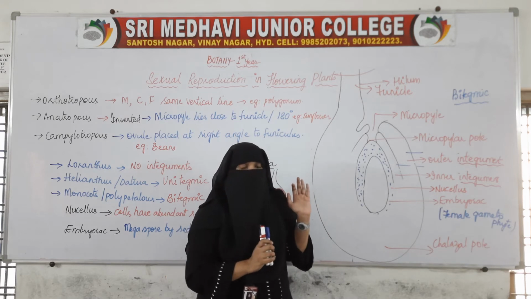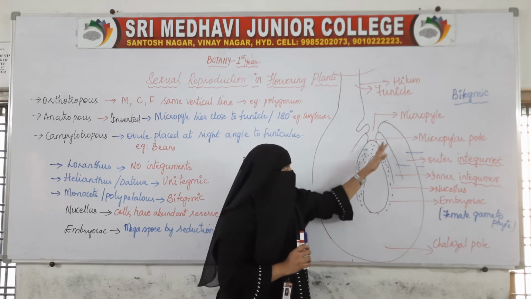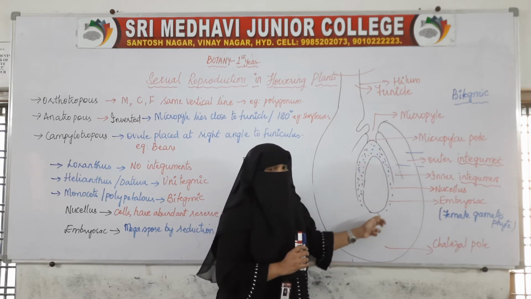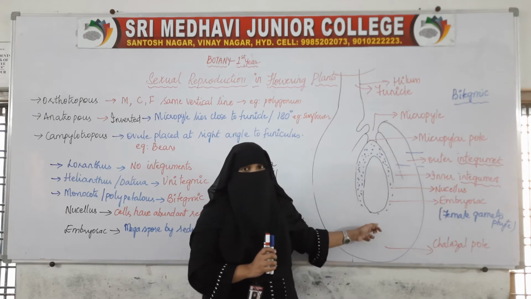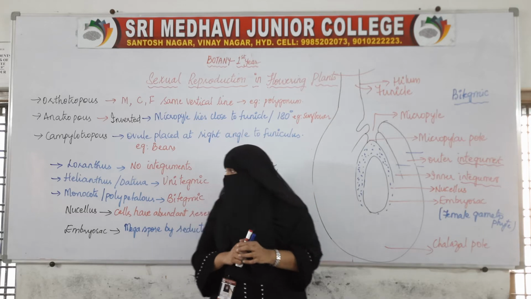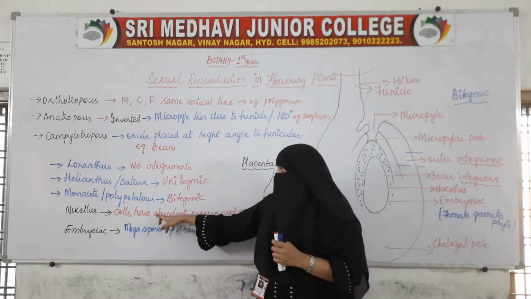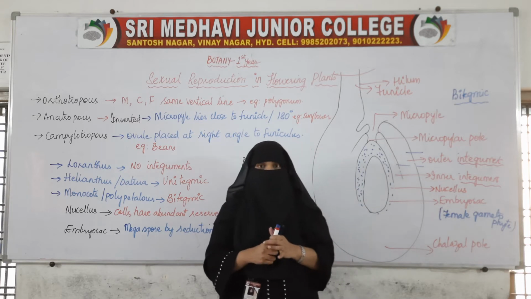Nucellus is the tissue which is enclosed in between these 2 integuments, and inside this tissue many cells are present, which are called nucellar cells or nucellus cells. These nucellus cells have abundant reserve food material.